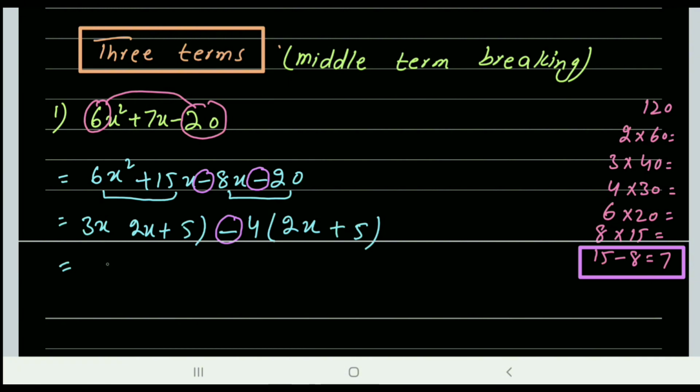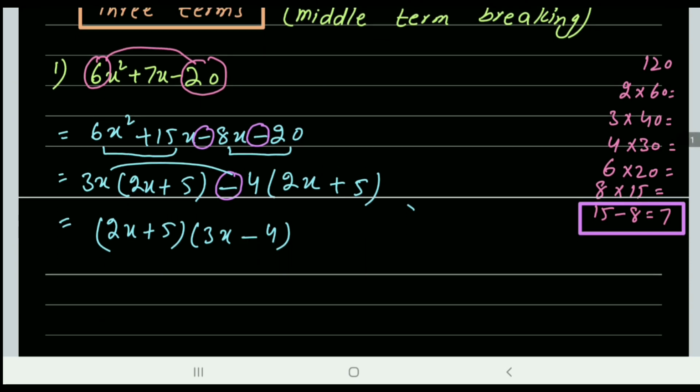So 2x plus 5 is in two brackets, so you will write it once, and 3x minus 4, which is outside the brackets, will be written in one bracket, like that. I hope this question is clear to all of you.